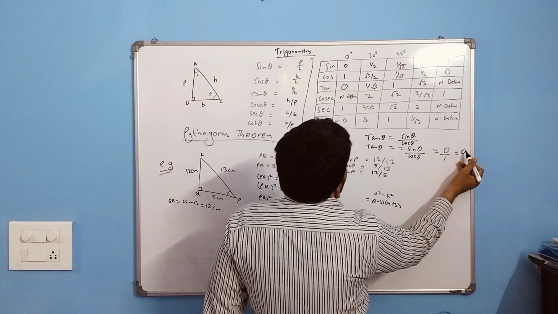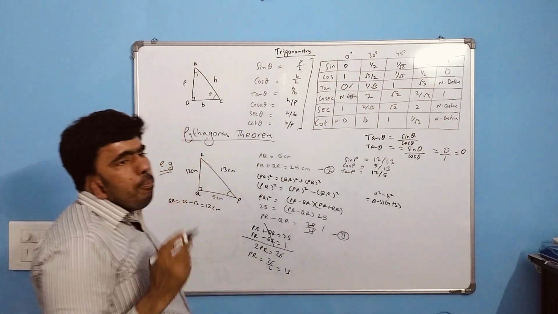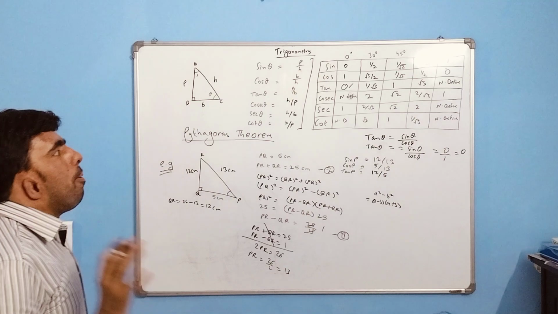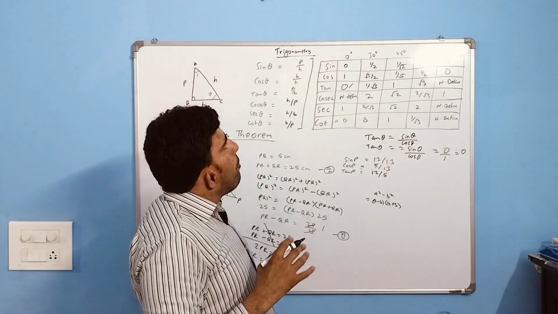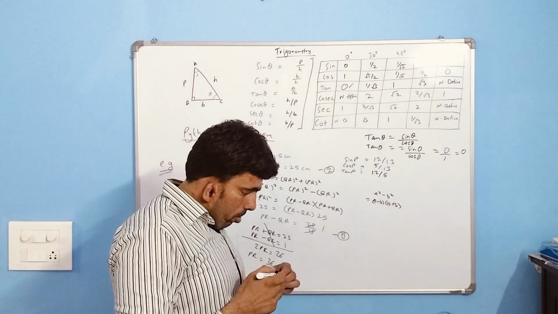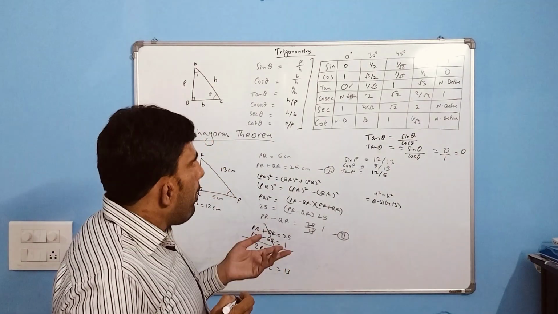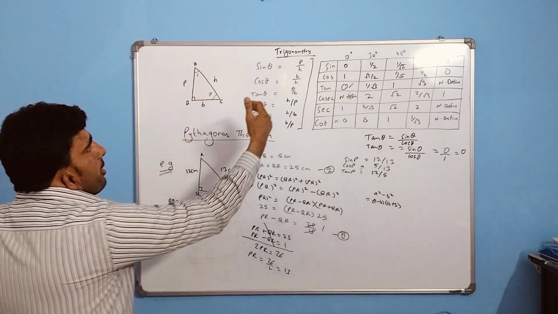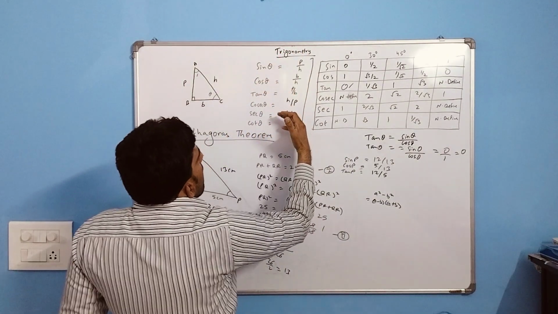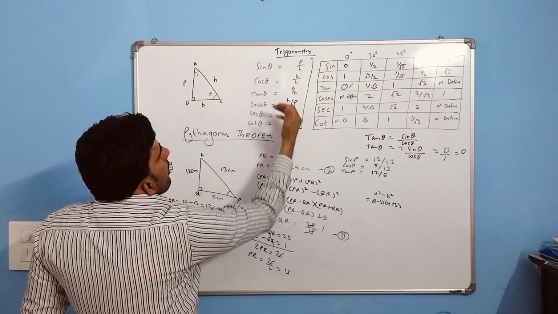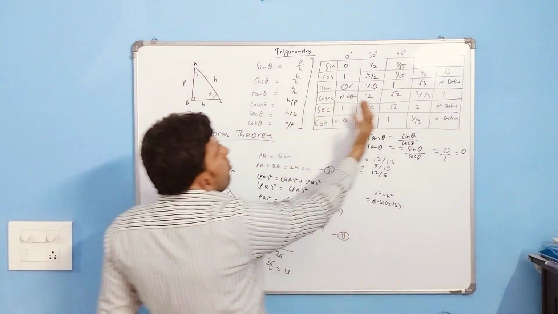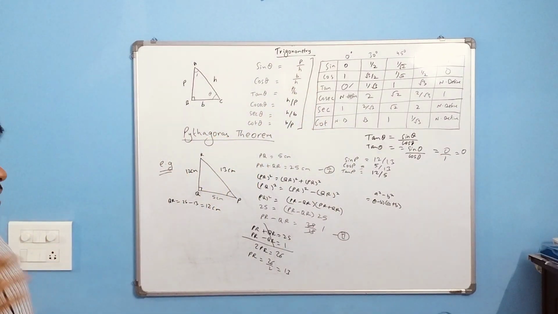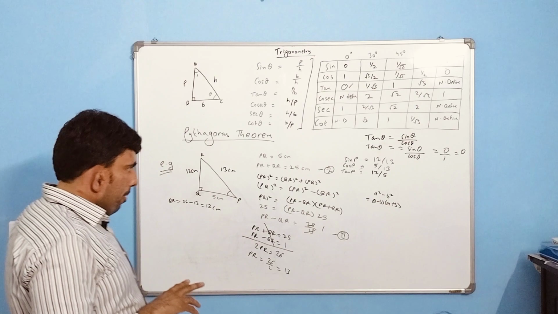So we get 0. That is how you can easily remember that table in a very simple way. Now cosec you already know: cosec is the reciprocal of sin, sec is the reciprocal of cos, cot is the reciprocal of tan. So the rest of the values you can easily find.